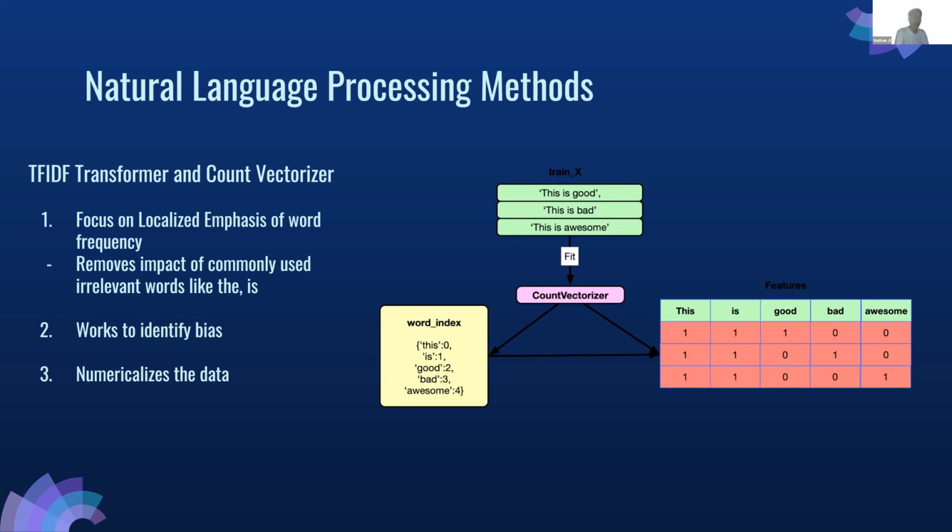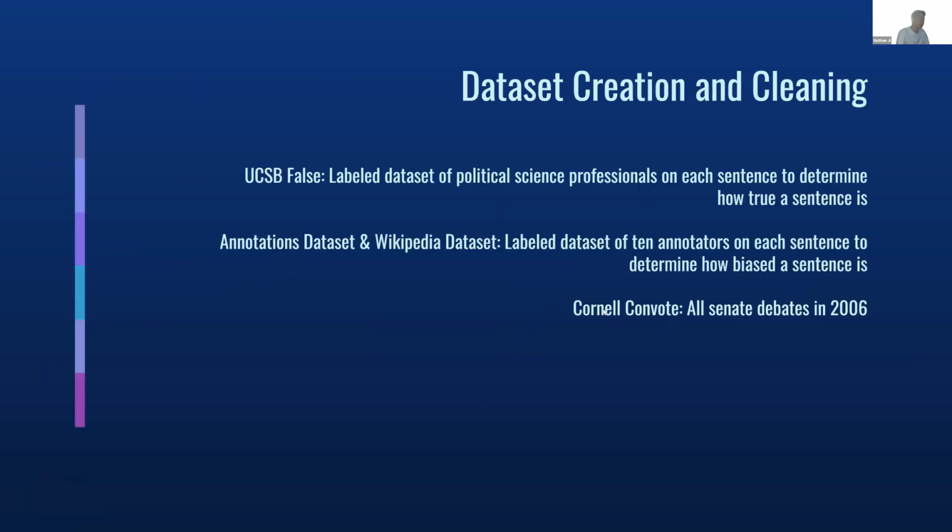We don't really care if it uses "is," "the," or certain articles. The reason why we chose the TF-IDF transformer is because, through using a logarithm, it makes sure that these certain features are not really emphasized. Then after that, we feed this into our model, which numericalizes the data for us, and then we can actually train the models.